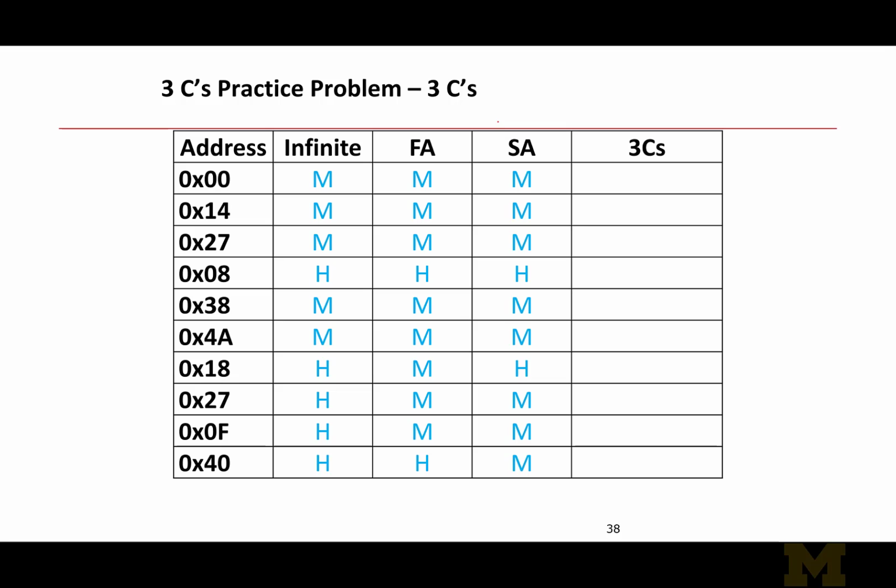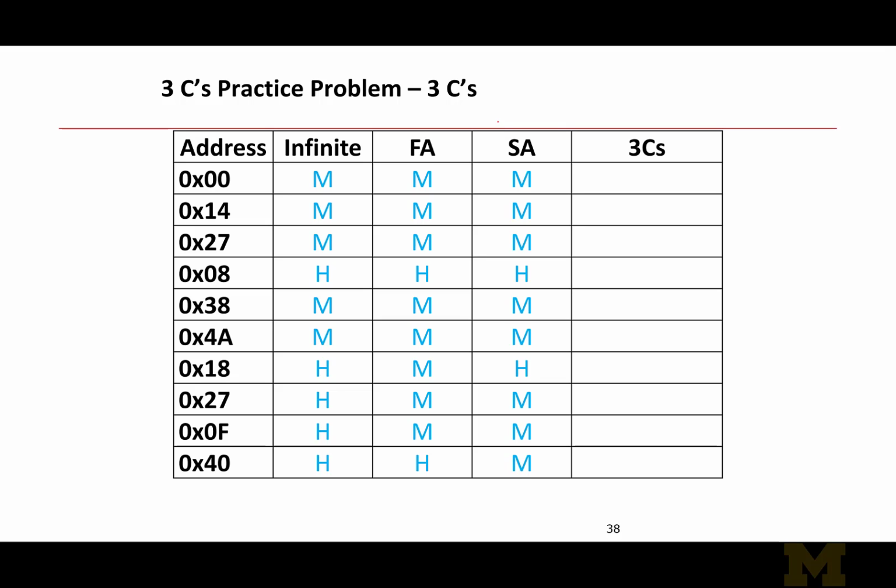Okay, so what I have done in this table here is I've taken all the results from your cache simulation and tabulated them. And now we are going to go through this table and classify a miss into one of these 3 types.